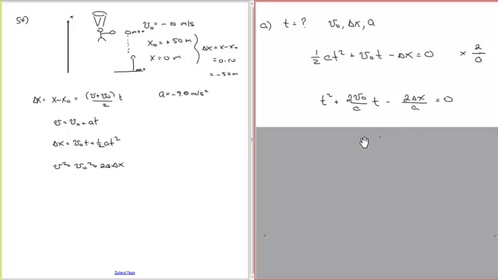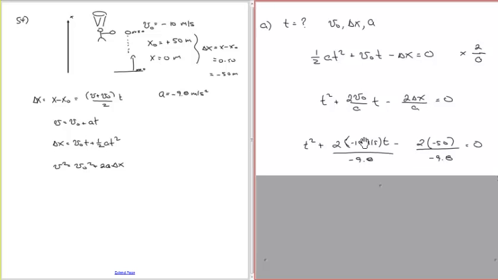So this is a quadratic equation. And then I plug the numbers in. So v0 is negative 10 meters per second. A was negative 9.8 meters per second squared. You have negative 2 delta x, which is negative 50 meters, and you have negative 9.8 meters per second squared for the acceleration.